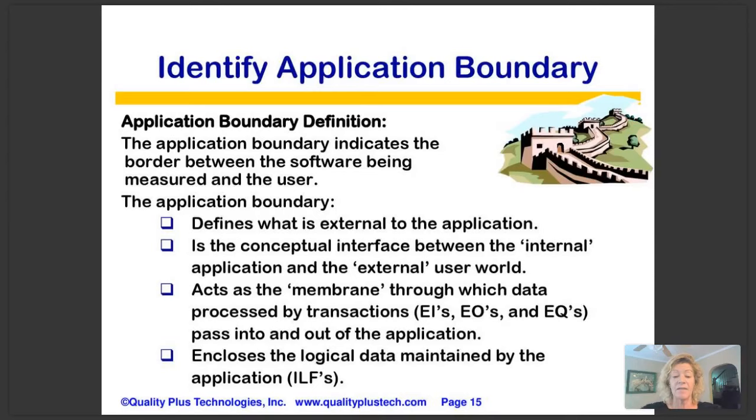If you think of it like a piece of plastic, data flows into the application and data flows out of the application. So in order to be an EI, we must have data crossing into the application. In order for something to be an EO or an EQ, we must have data leaving our application. And our boundary tells us what's in our ILFs and what are the things that are external, our EIFs.